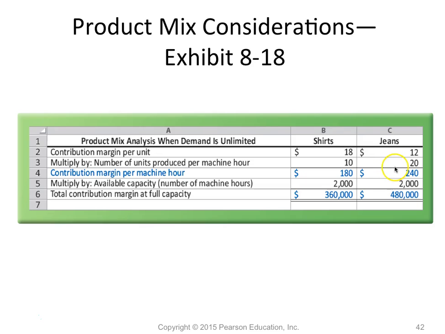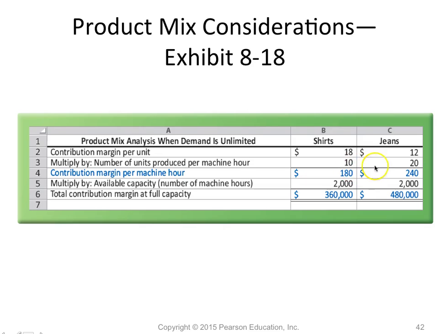So when the demand is unlimited, the contribution margin here is 18 and 12, multiplied by the number of units.